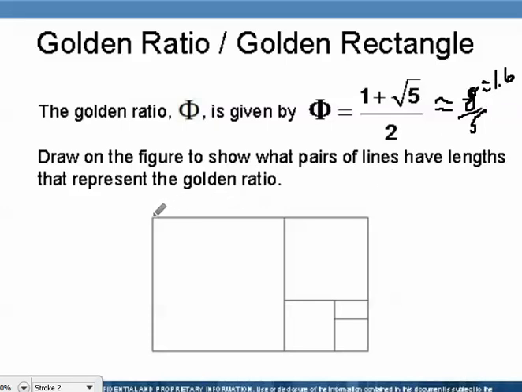If I take the side length here and I divide it by the side length, basically that ratio will be 8 to 5. And that's what you're going to get on every one of these little squares as it divides up into other smaller little squares. So if this is 5, this is 5, this is 3, that gives you an 8 to 5 ratio. And that's what you're going to see when you keep dividing it.